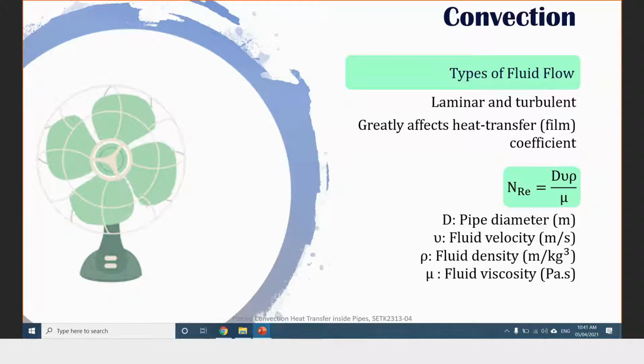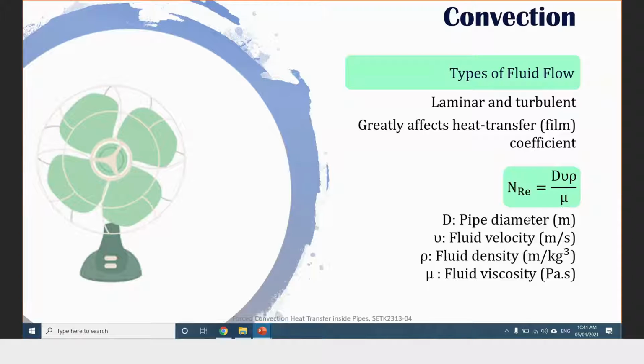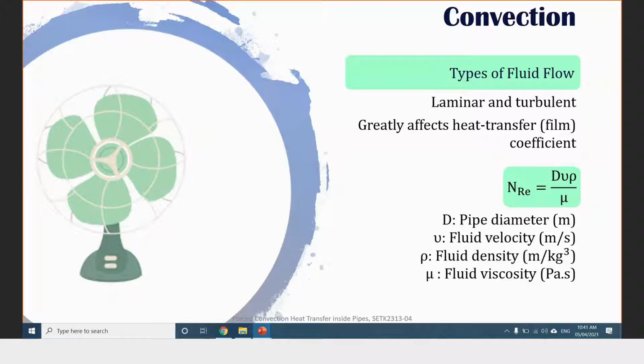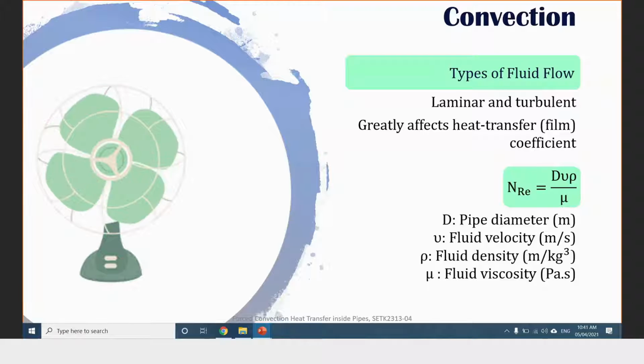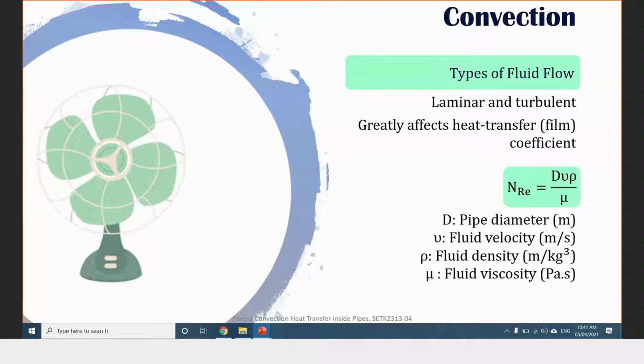So D is the diameter of the pipe, V is the fluid velocity, rho is the density of the fluid, which in the case of my example just now will be the density of air, and mu is the viscosity of air in this case.